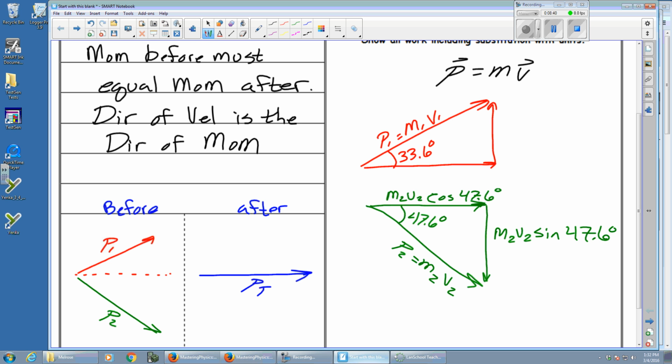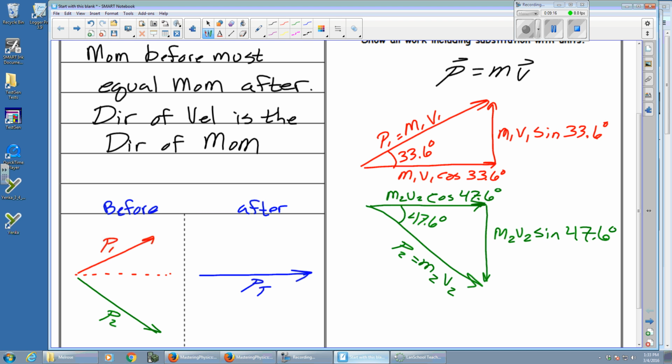And up here I have M1 V1 cosine 33.6 degrees and M1 V1 sine 33.6 degrees. Lots of numbers, but it's going to make our life easier because now we can look at just the X direction or just the Y direction.